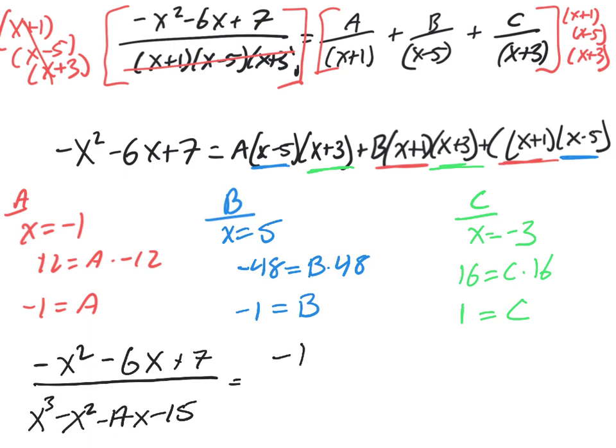So A was -1, that was divided by x plus 1. B was -1. And C was +1. And we are all done.